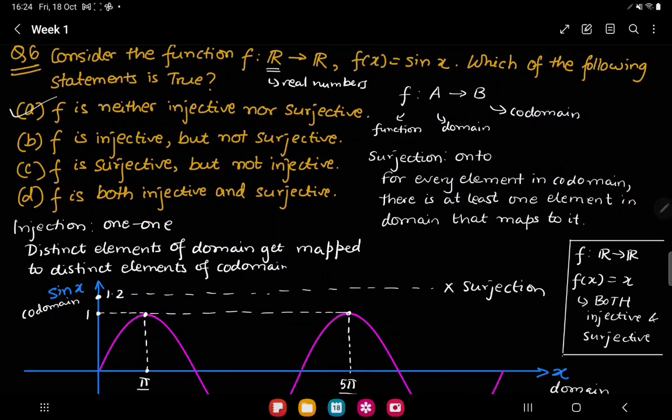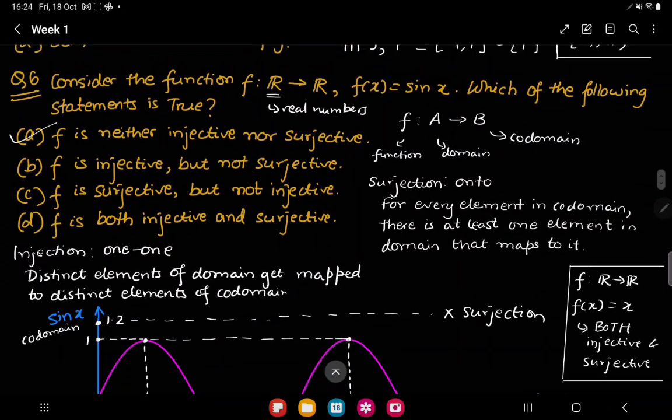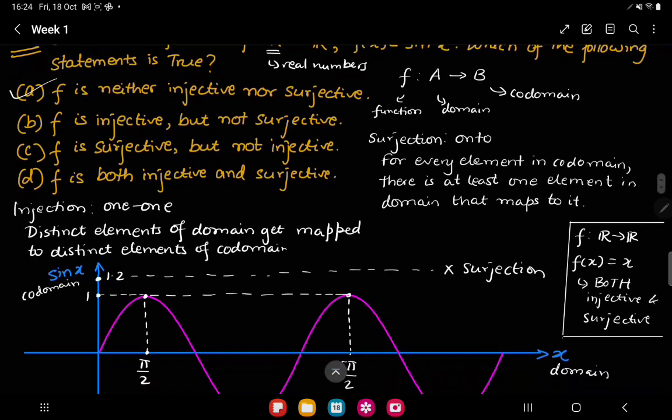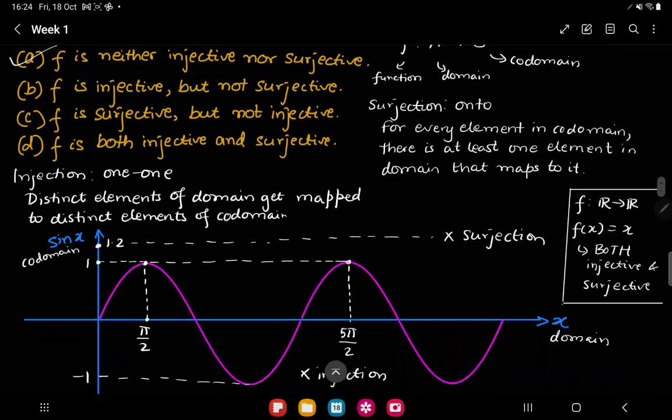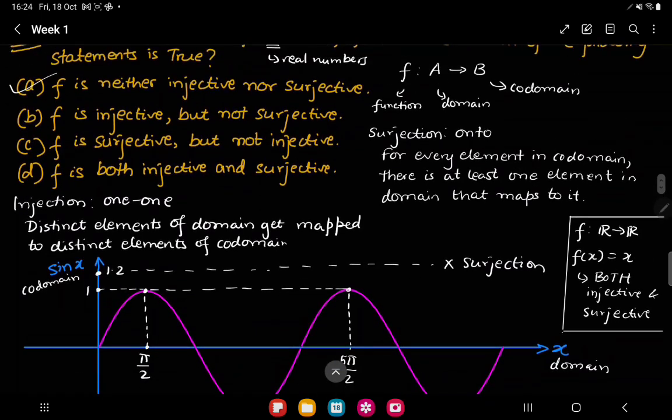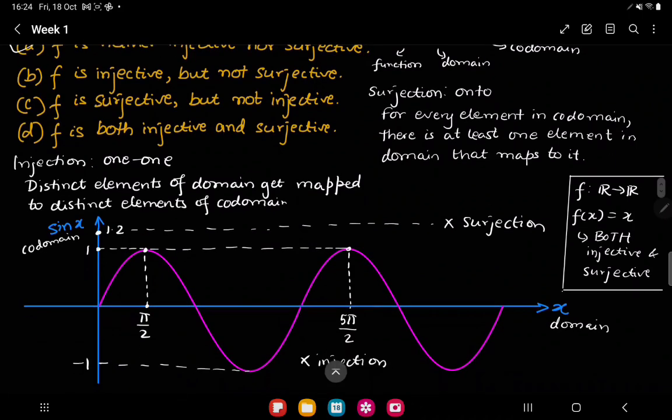And bijection is both one-one and onto. So onto means for every element in codomain, which is this set B, there is at least one element in the domain that maps to it. So each element in the codomain should actually have a pre-image in the domain. And injection is 1-1, which means distinct elements of domain get mapped to distinct elements of codomain.